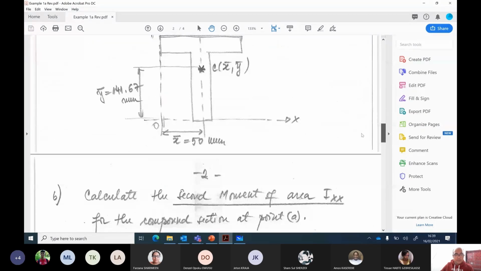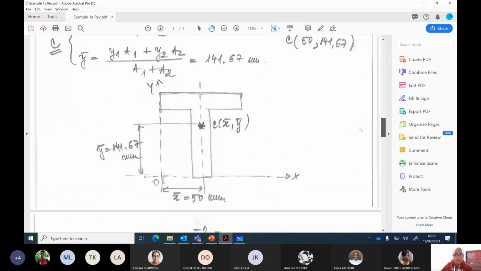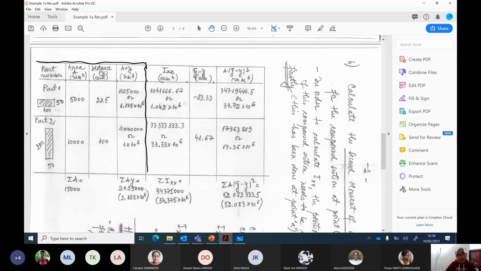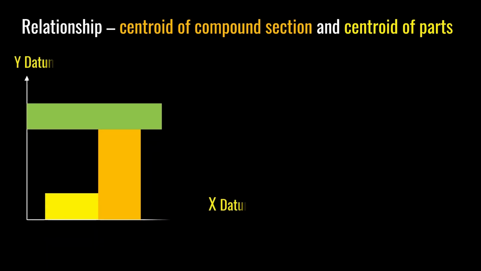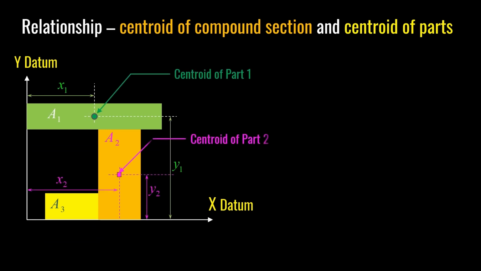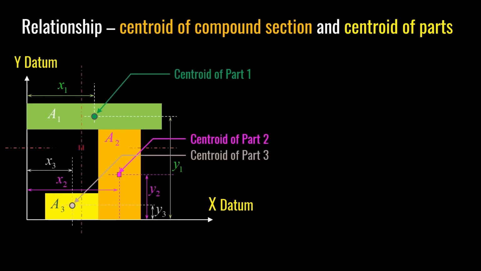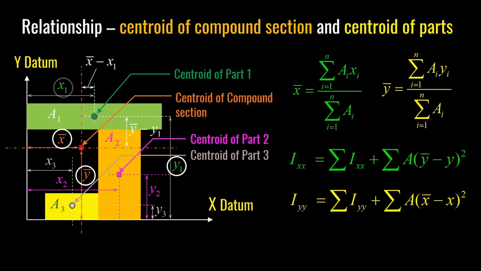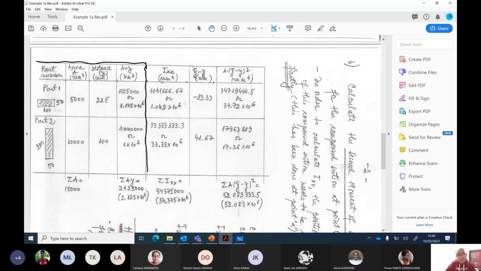Our next job is to find the second moment of area, I-axis, for this compound shape. We're using the parallel axis theorem to work out I for the compound section. For a compound section, the formula is summation of Ixx plus a into (y dash minus y) whole square, and that is termed the parallel axis theorem.